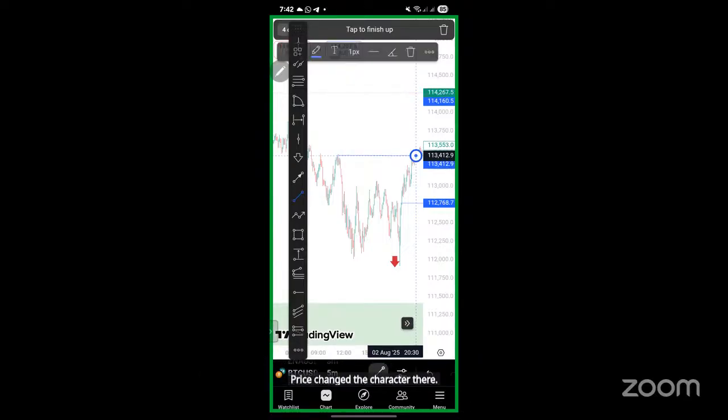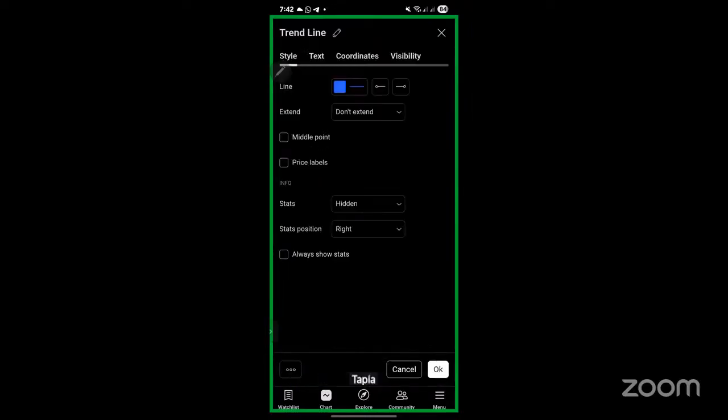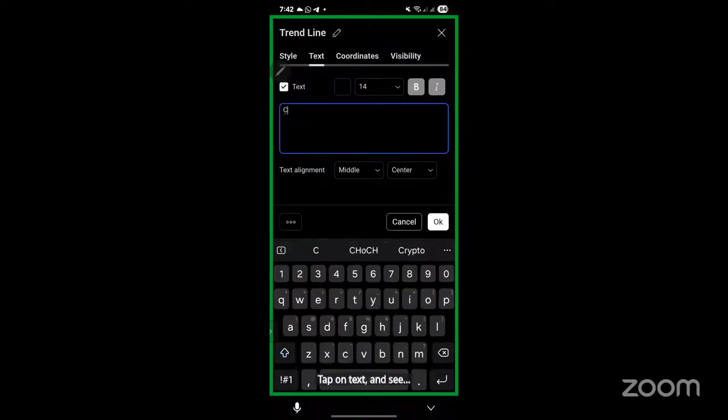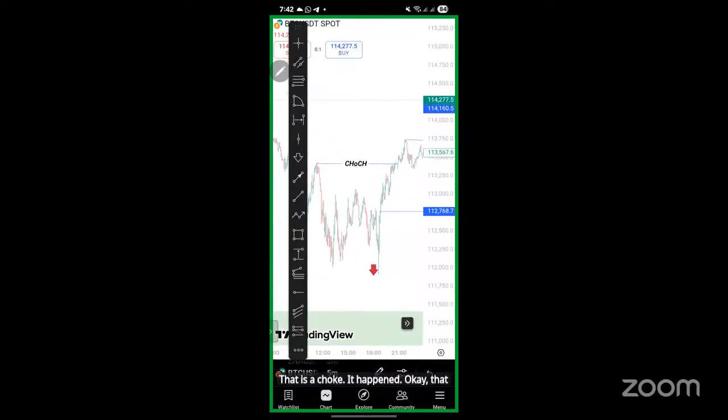You can tap on the text and see CHOCH. Price has made a CHOCH.